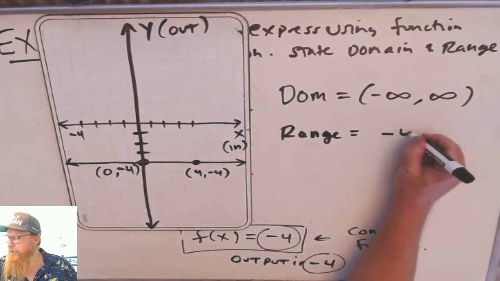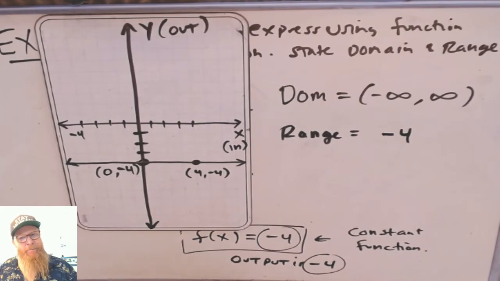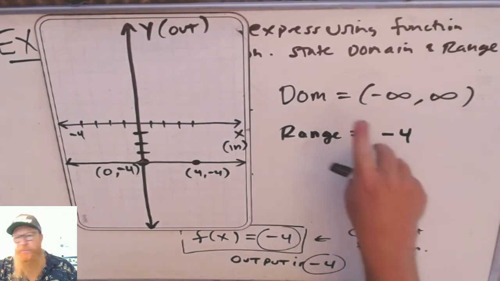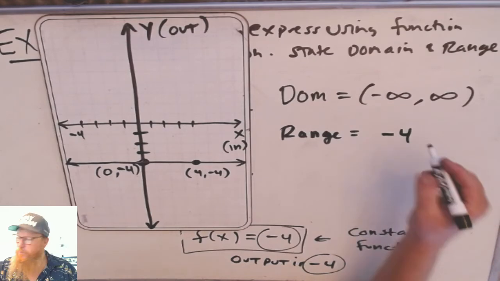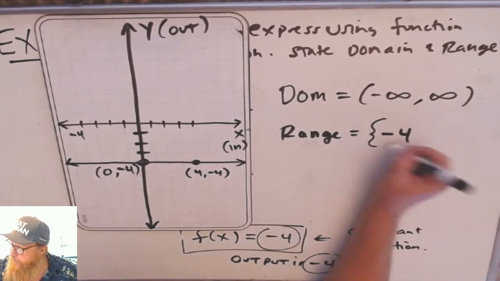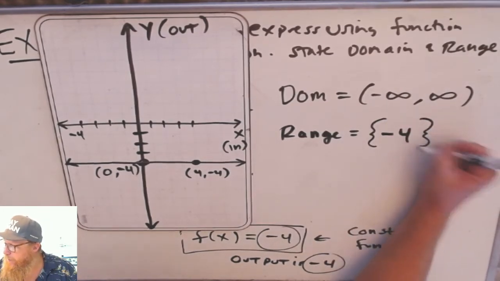So the range is just -4. We do not use parentheses. We do not use brackets. We use braces when the range only has one element.